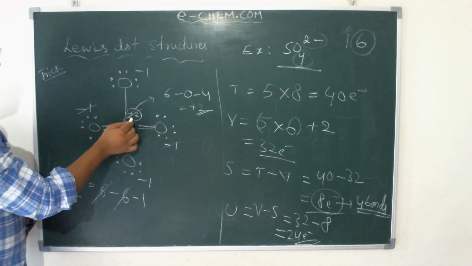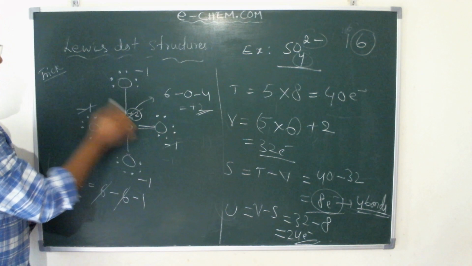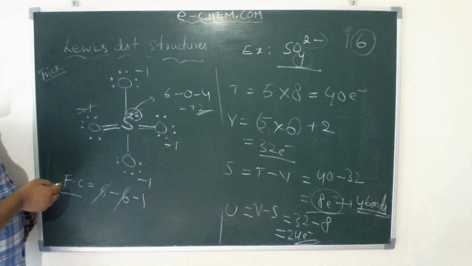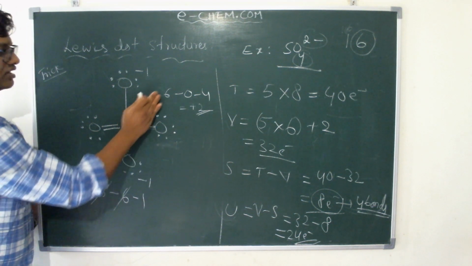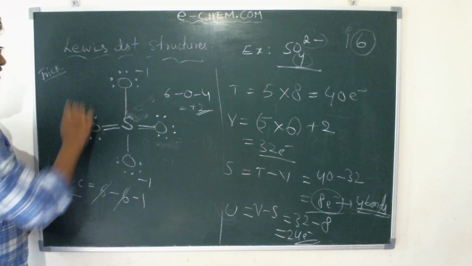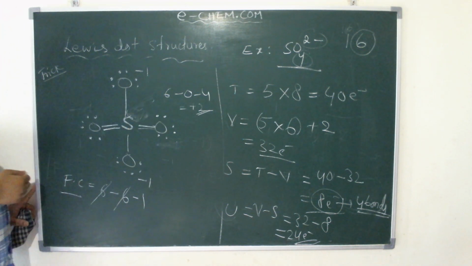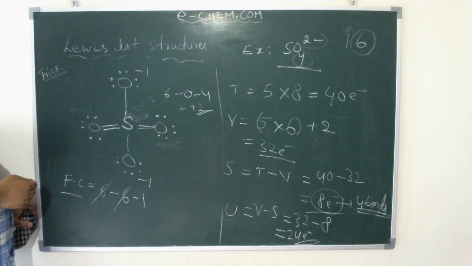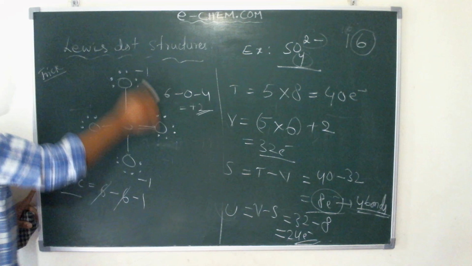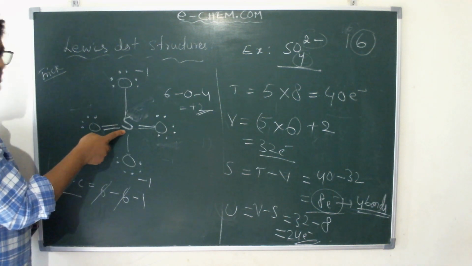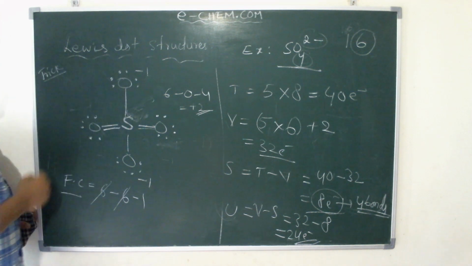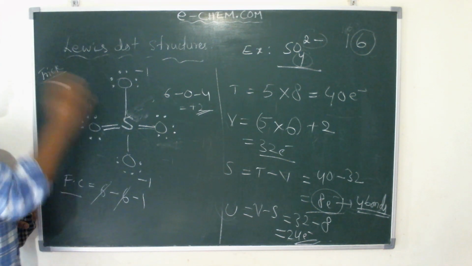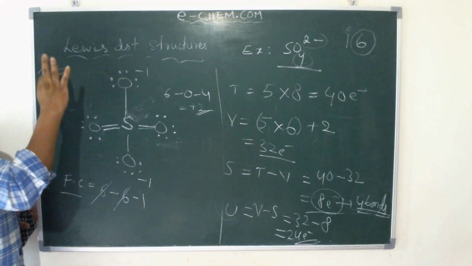As a result, the central atom sulfur is now in a neutral state. That's why when you write the sulfate ion, we have to write it in this form. Very easy, right? Now if you see this sulfur, the maximum covalency, 1, 2, 3, 4, 5, 6, is reached. All 6 valence electrons are being used by the sulfur.